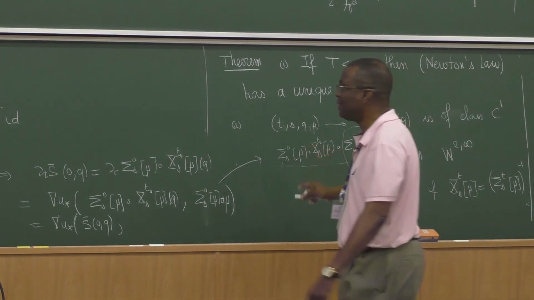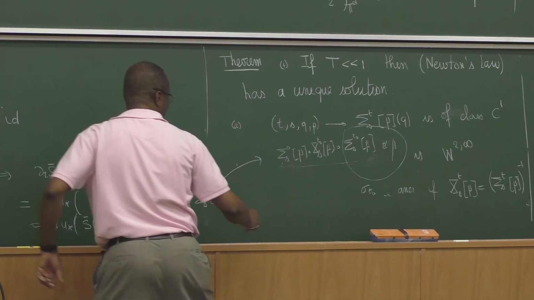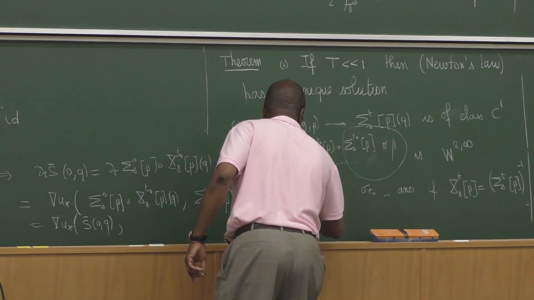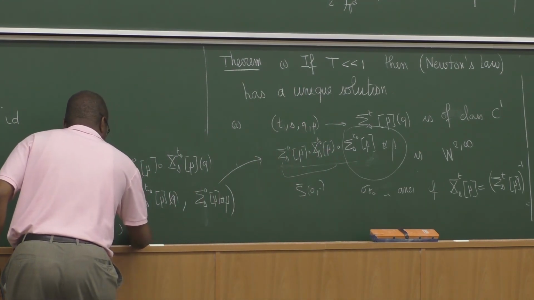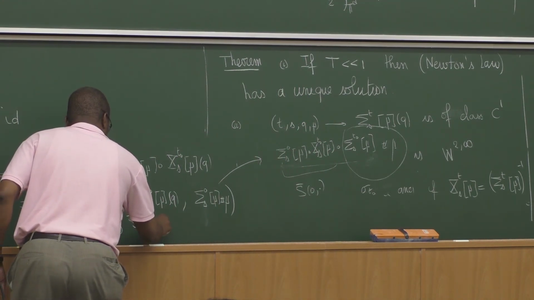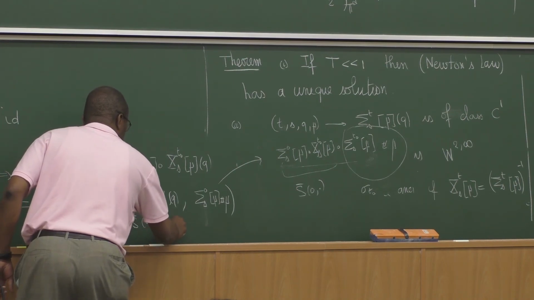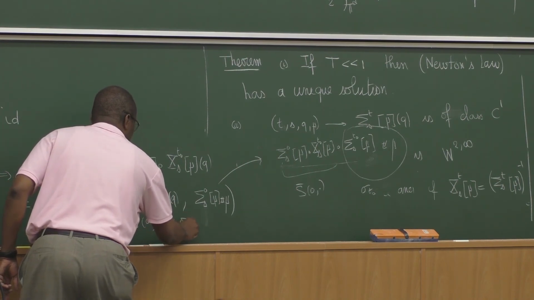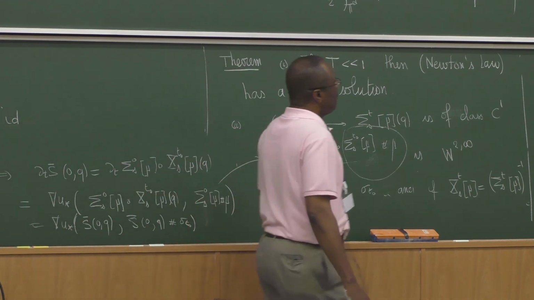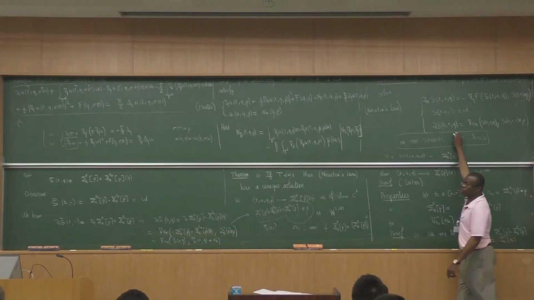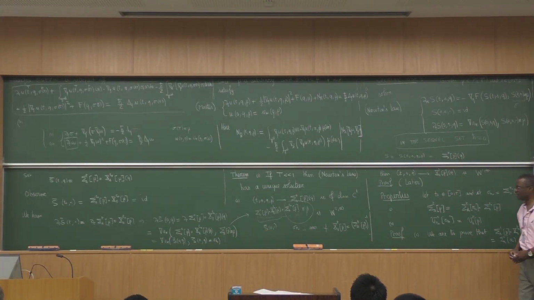And if I look there, this is S bar 0. And so it is S bar 0 push forward sigma T naught. Therefore, this condition is satisfied.